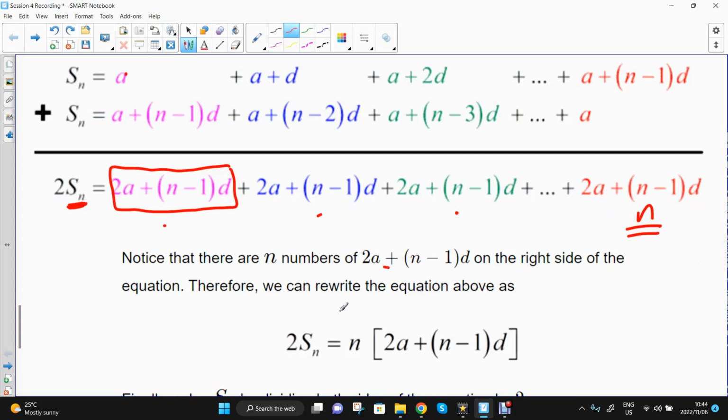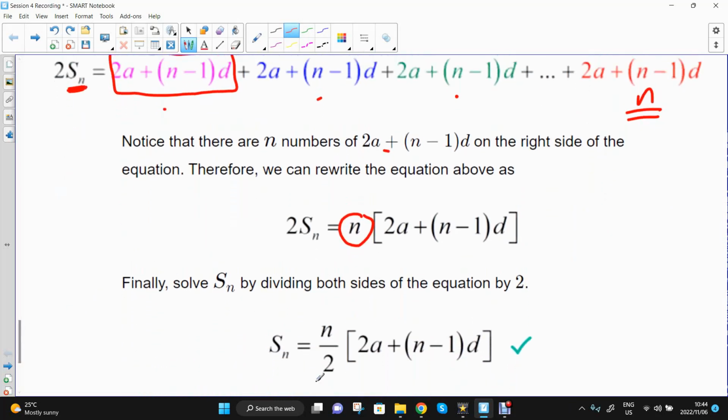So instead of writing all of them out, I can just say that formula that is repeating itself times n, because that's how many terms there are. And then finally, you divide both sides by 2 to get Sn alone, and that is the formula for the sum of an arithmetic sequence.